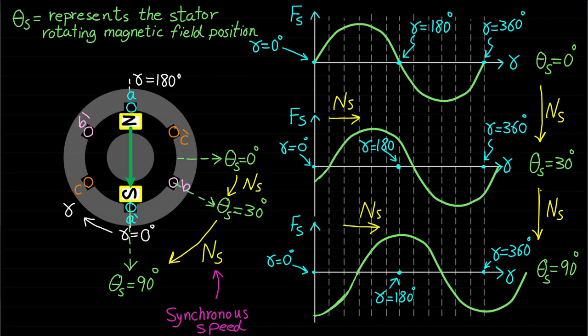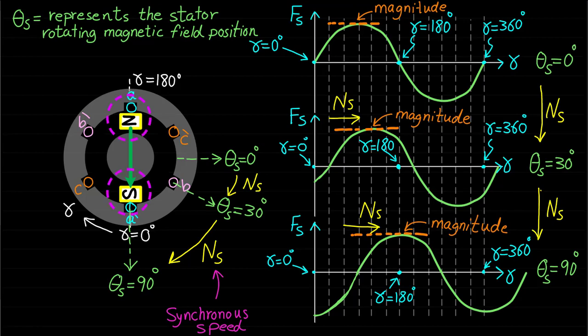Also, we can notice that the magnitude of the rotating stator magnetic field Fs is always constant. We would like to emphasize here that the rotating magnetic field is represented by two rotating poles because the stator in this example is a two-pole stator, where each phase generates a magnetic field equivalent to two poles as mentioned earlier.